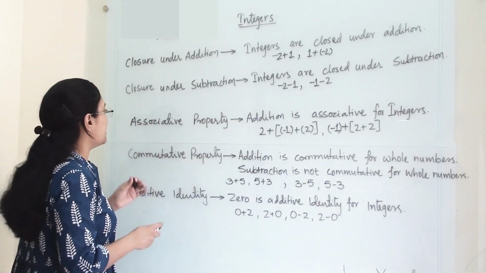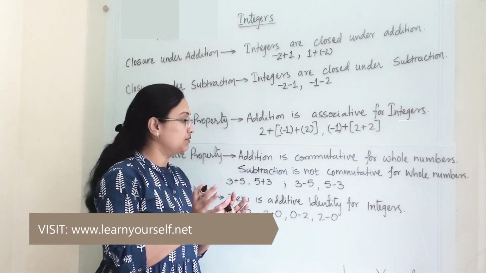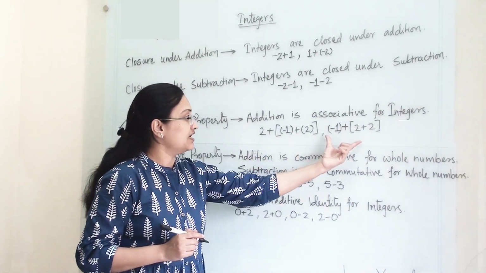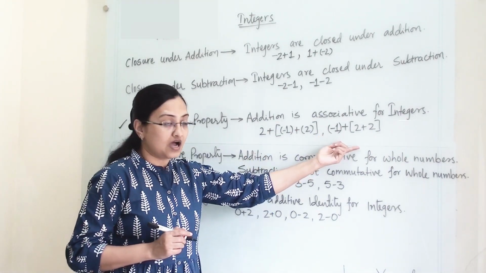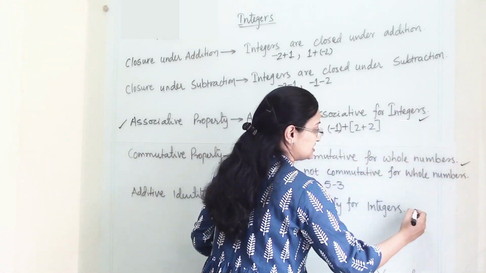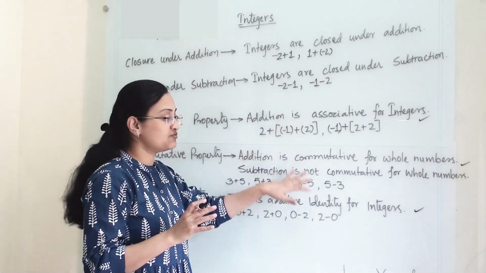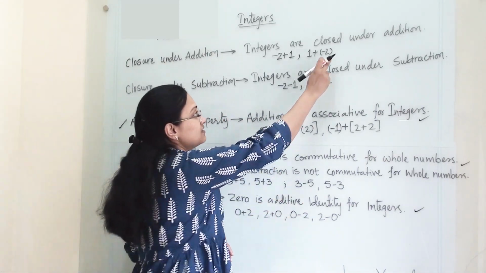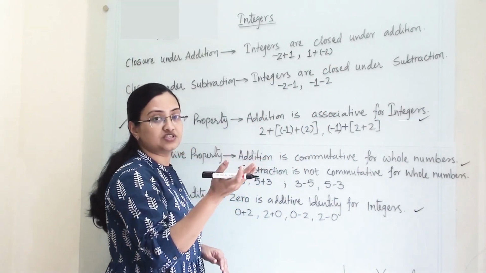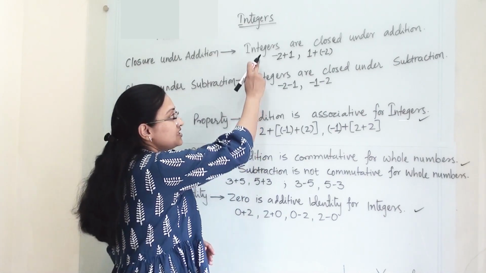Here, the associative property is for a group of numbers. So when we are changing the grouping of numbers, then also we will get the same answer. Here we are checking the answer. For all these 3 properties we need to get the same answer, then only the property will hold true. Here we are only checking for integers. Either a positive number, 0 or a negative number will come, that means this property holds true.